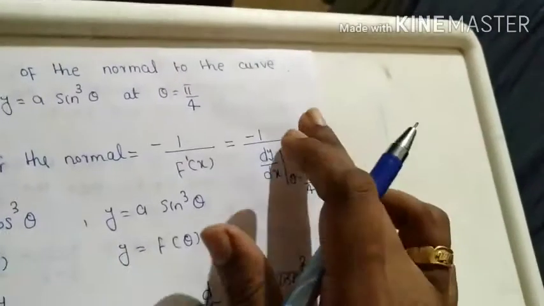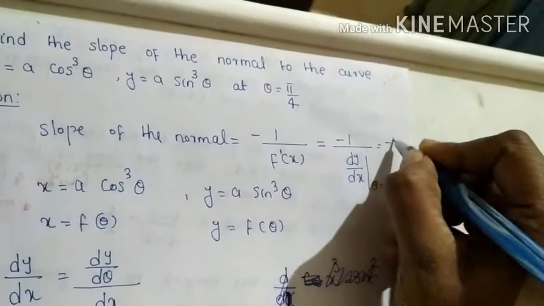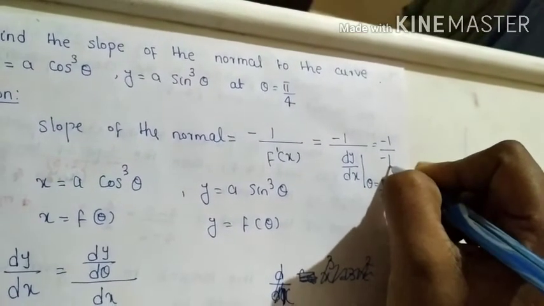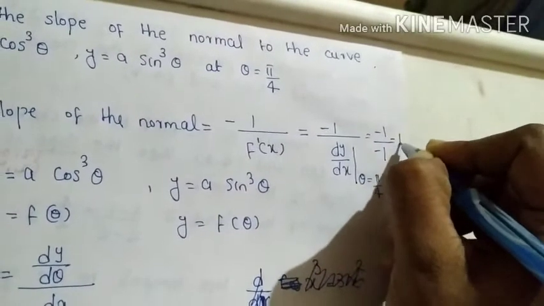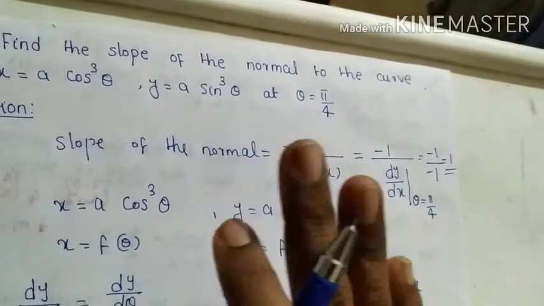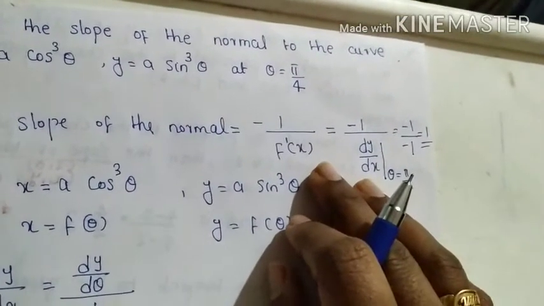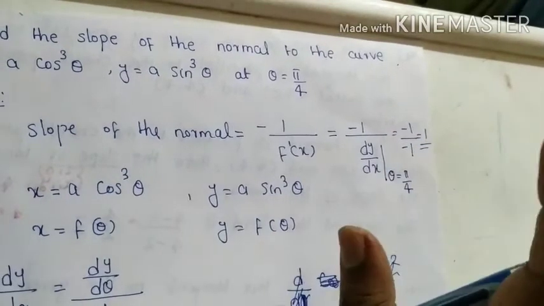So minus 1 divided by minus 1, which will be equal to plus 1. Okay, I hope you understood the slope of the normal that we get equal to 1.